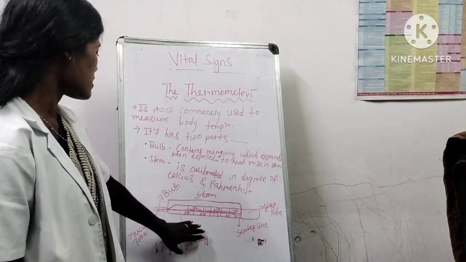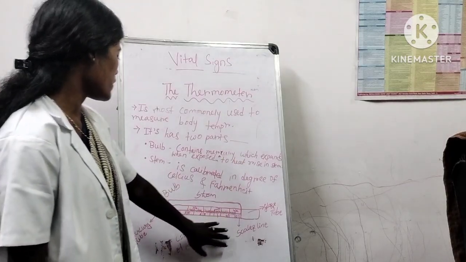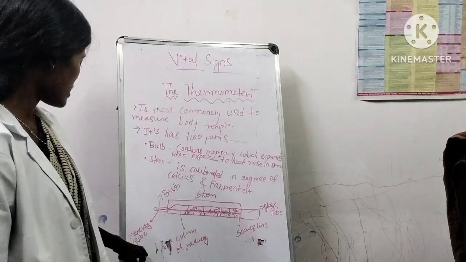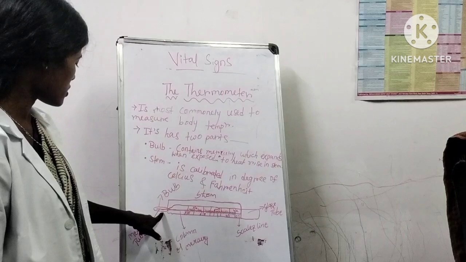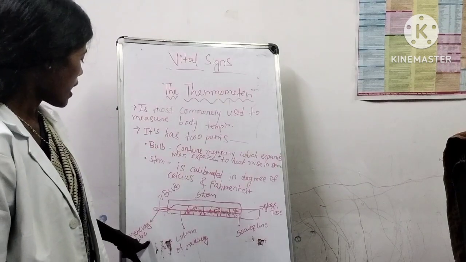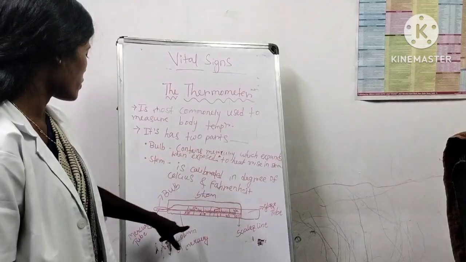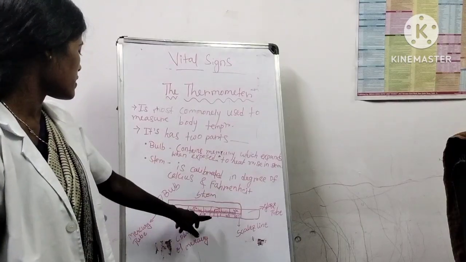Next we are seeing the figure of the thermometer. First we see the mercury tube at the front, next the bulb, which contains mercury that expands with heat and rises in the stem.